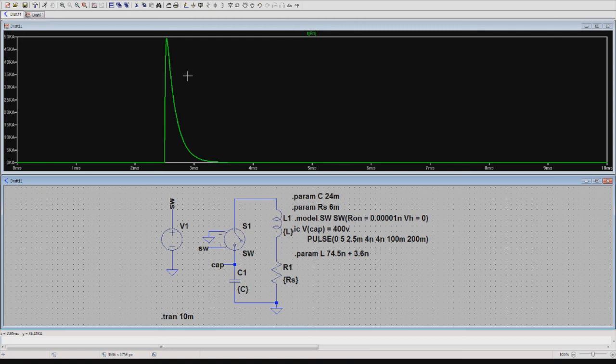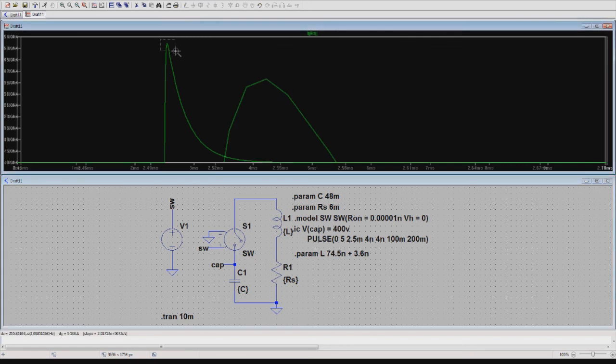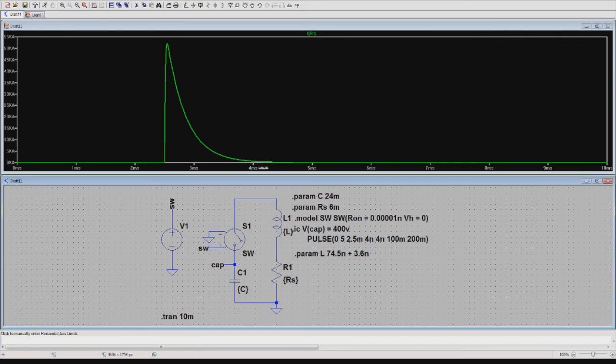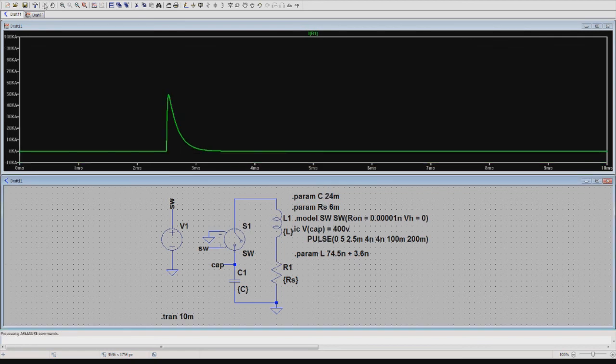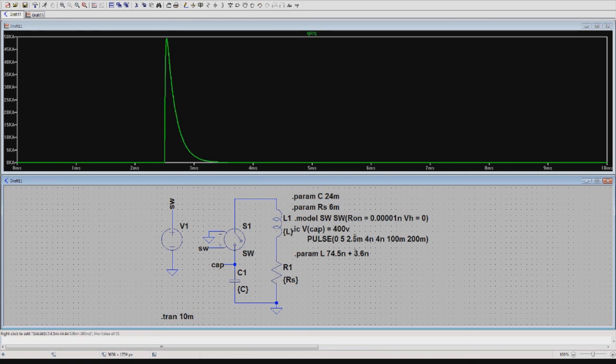And I think the reason here is that the capacitor bank is even too little. I'm not sure what happens if I increase it. Yes, the current slightly increases, but not by too much. And this is more critically damped, I think. Now it's about the same.